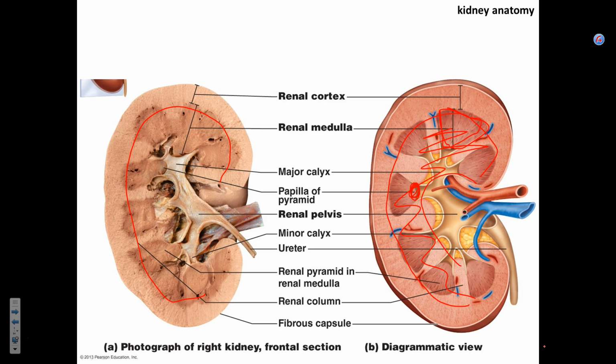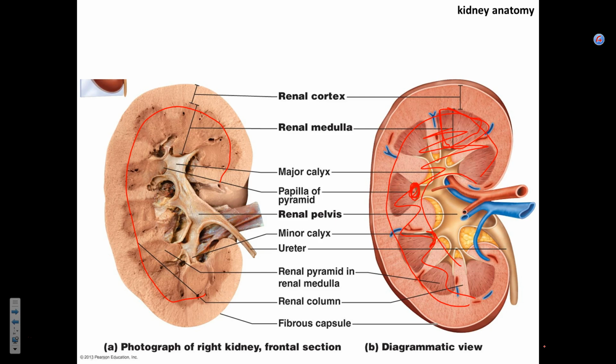Basically, the renal papilla is the place where urine initially drains from. Does that make sense? It's just a place. Don't take it as some super important structure. We call this a renal papilla.